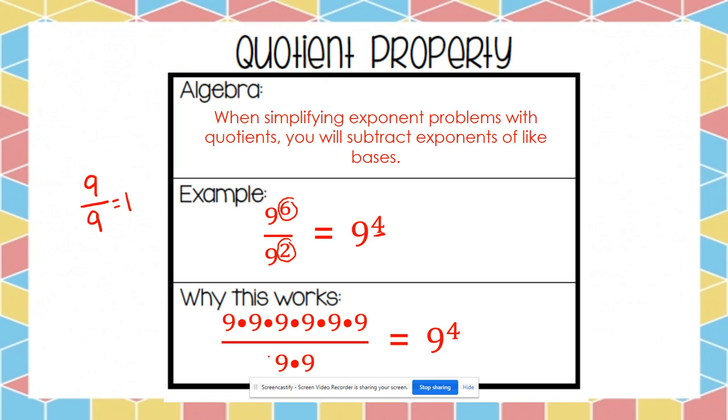Well, in this case, there are 2 sets of 9 over 9. They cancel each other out because if those make 1, then all I'm left with is 9 times 9 times 9 times 9. And then technically it's being multiplied by 1, but when you multiply by 1, your value stays the same. So what you're left with is 9 to the 4th power.